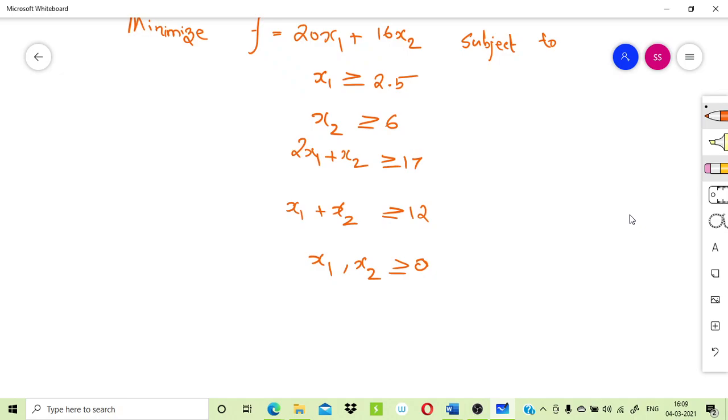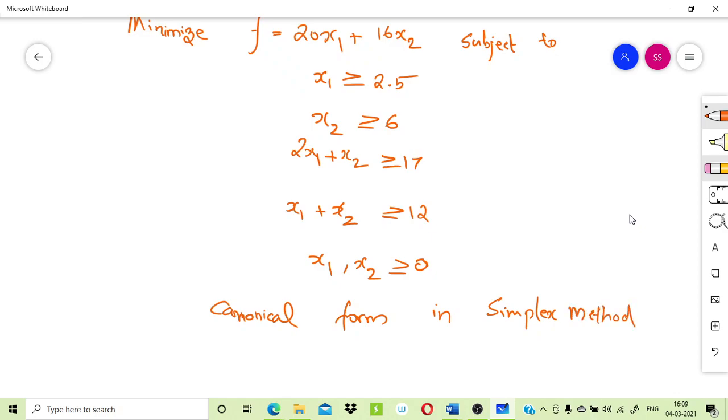So our first step is to convert it into the canonical form in the simplex method.